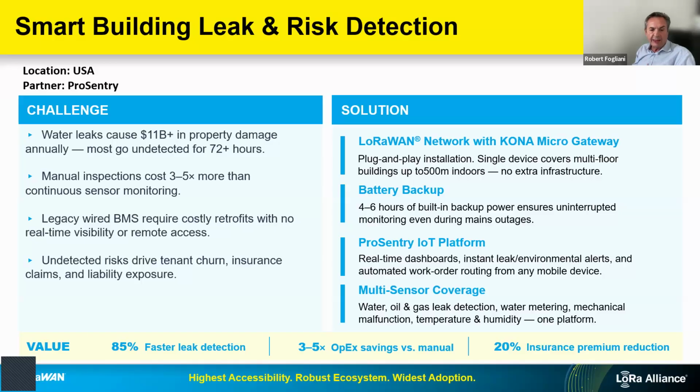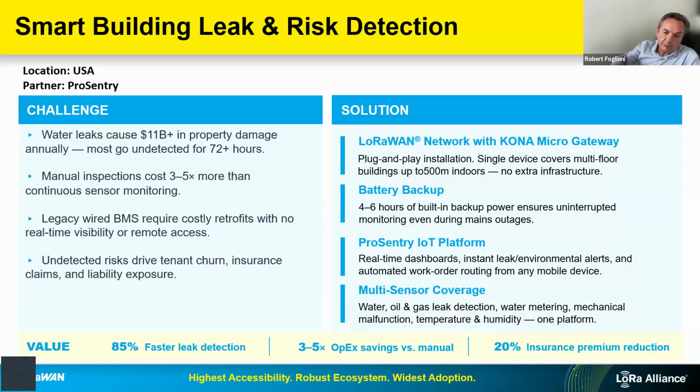We can provide a full IoT platform with real-time leak detection. The sensor monitors multiple risk factors. Of course, we detect water leaks, but we also detect temperature, humidity, and any mechanical issue as well. It was an extremely good sensor.